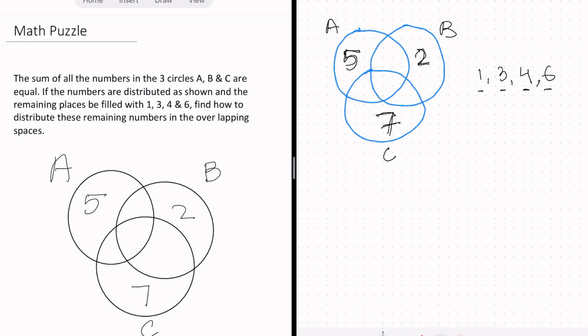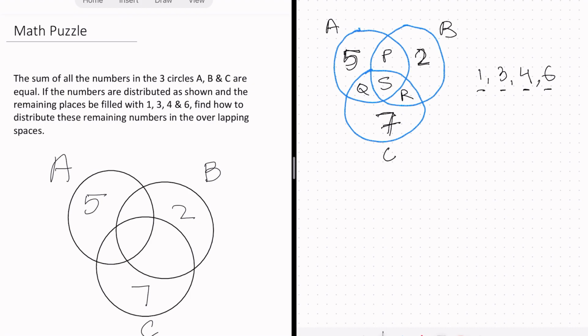Let's start off by naming the places that we have to fill. Let's name this P, this Q, this part R, and this portion S. So the question is that we choose P, Q, R, and S from the numbers 1, 3, 4, and 6 such that the sum of all the numbers in A, the sum in B, and the sum in C are the same.